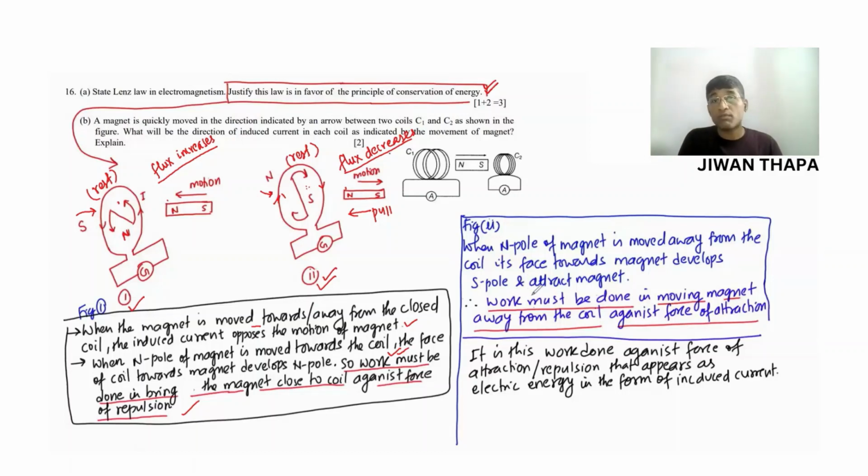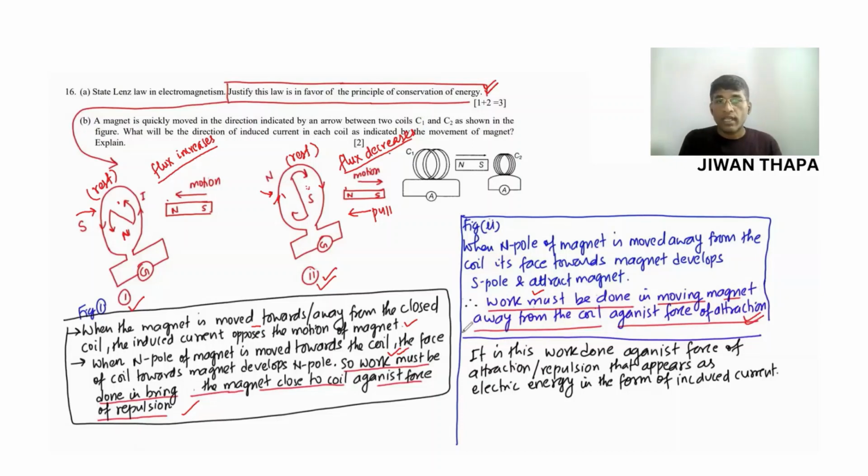We want to move the magnet away, and due to the south pole on this face, it pulls the magnet inward. So work must be done in moving the magnet away from the coil against the force of attraction.